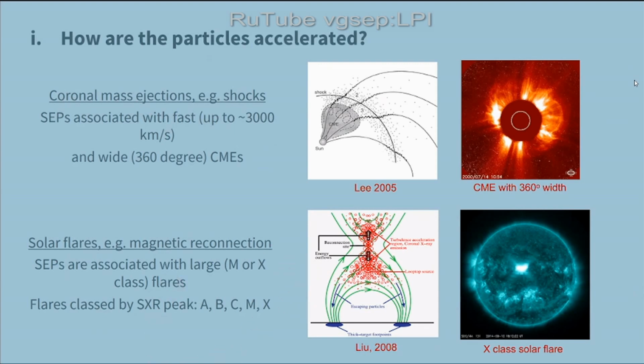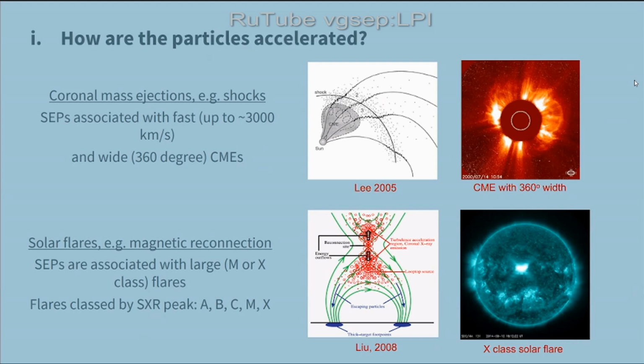With the coronal mass ejections, the SEPs, especially the higher energy SEPs, are generally associated with very fast CMEs, up to, I think, the largest one we have is over 3,000 kilometers per second. The larger SEPs are also associated with very wide CMEs. So I've got a nice image here on the top right of this halo CME with a width of 360 degrees.